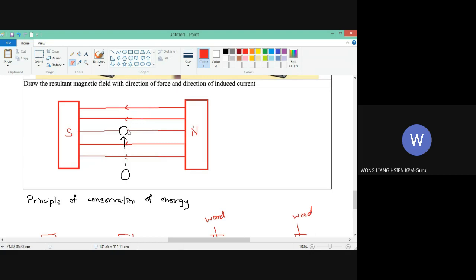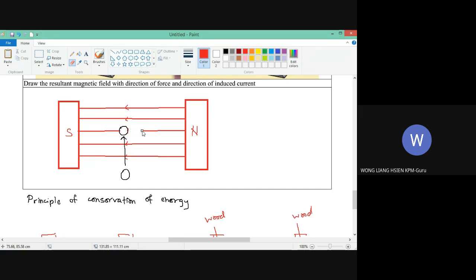So this induced EMF will produce an induced current. Okay, so if there is induced current, that means the current will produce a magnetic field, right? When there is current, it will produce a magnetic field.